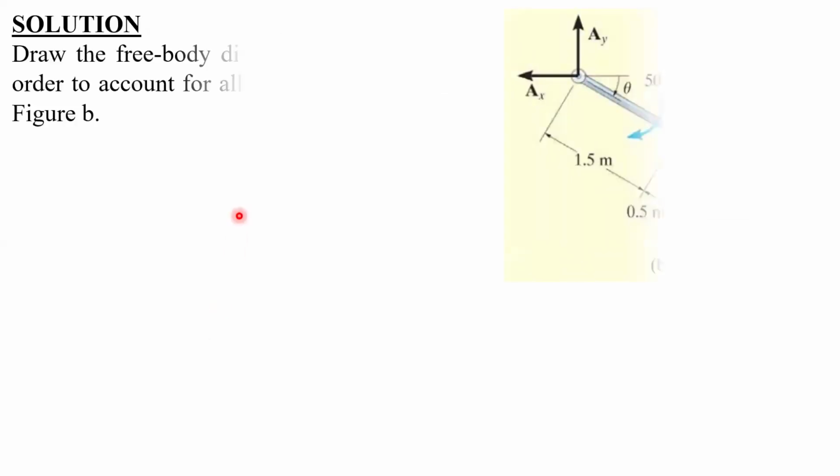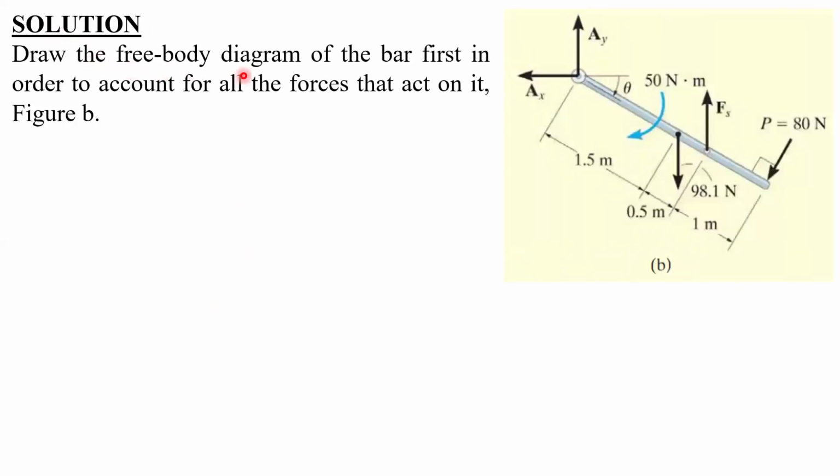Solution. We first of all draw the free body diagram of the bar to account for all the forces that act on it, as shown in figure B. At this point, we have the reactions at the pin, AY and AX. Then Fs is the spring force. This should be the weight.